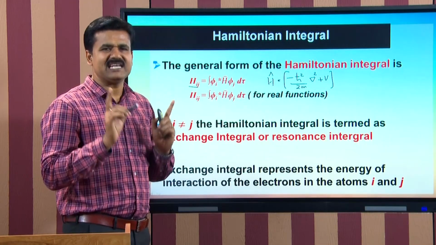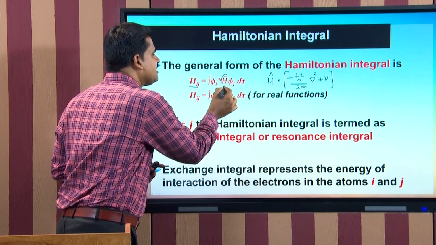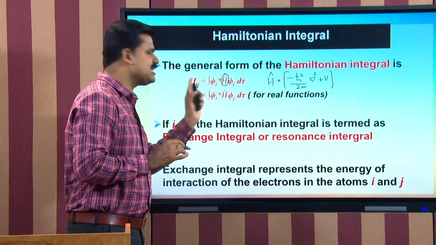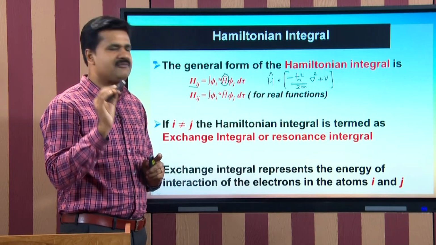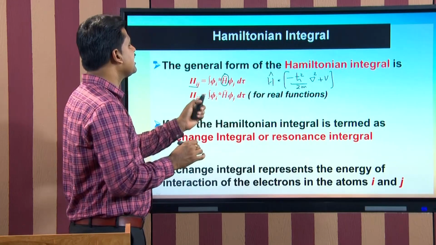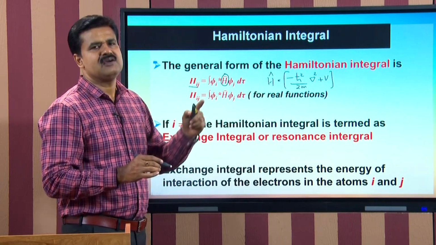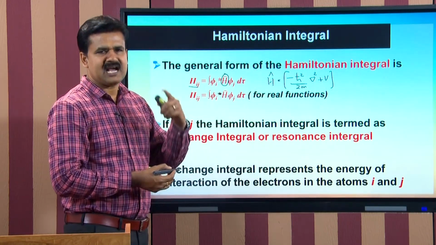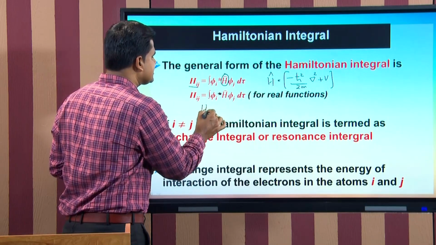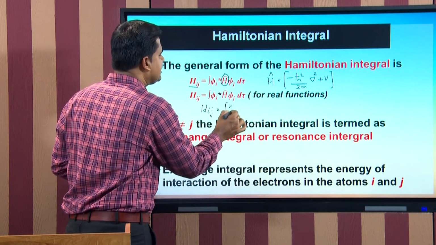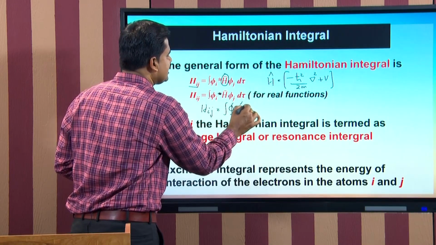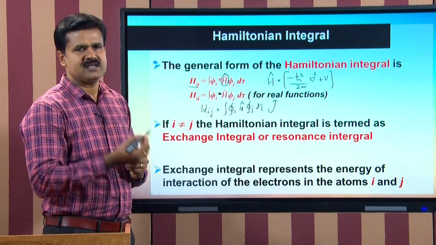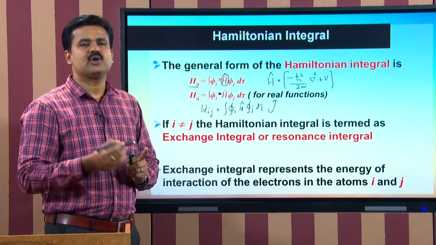And in this equation, if we are having real functions, then phi I star can be replaced as phi I. So we can ignore this phi I star and simply represent Hij equal to integral phi I H hat phi j d tau, and this is for real functions because phi I is equal to phi I star.